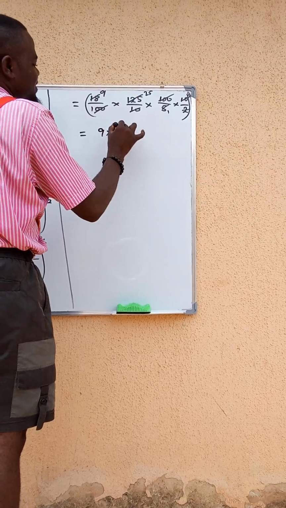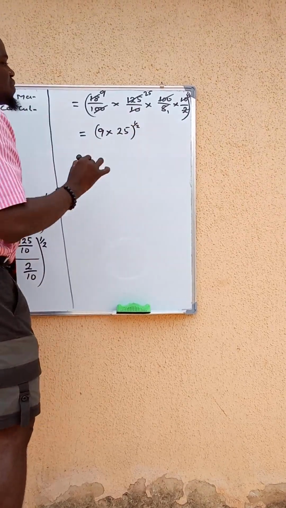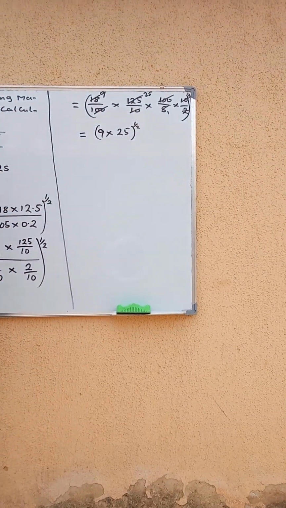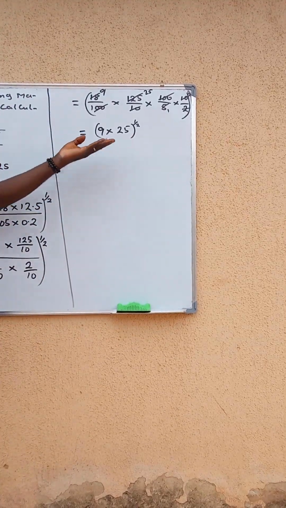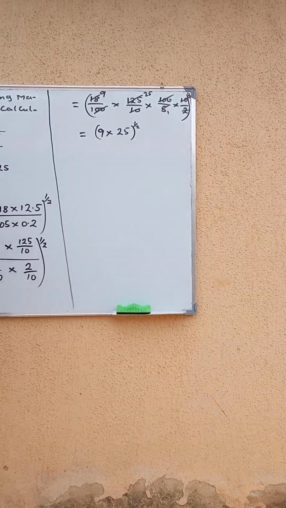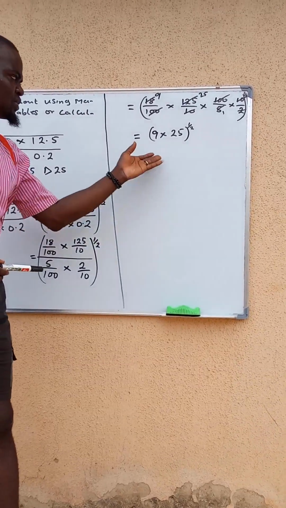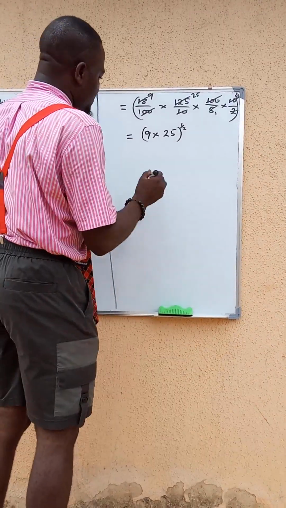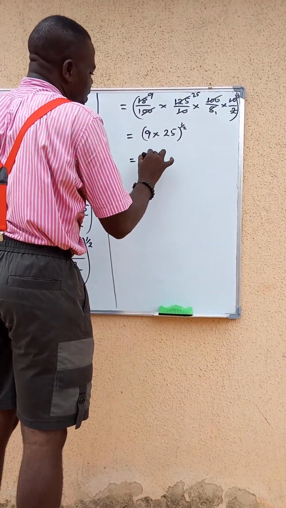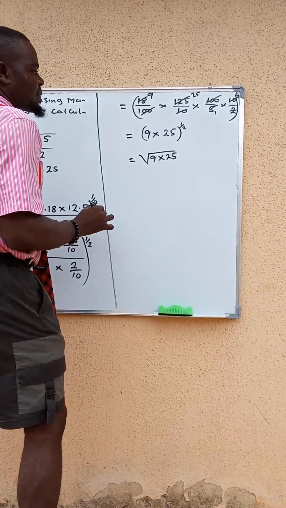9 times 25 raised to the power of 1 over 2, which is the square root. Now that I have reduced it, it's at this point I can use the square root easily. So this will now be the square root of 9 times 25.